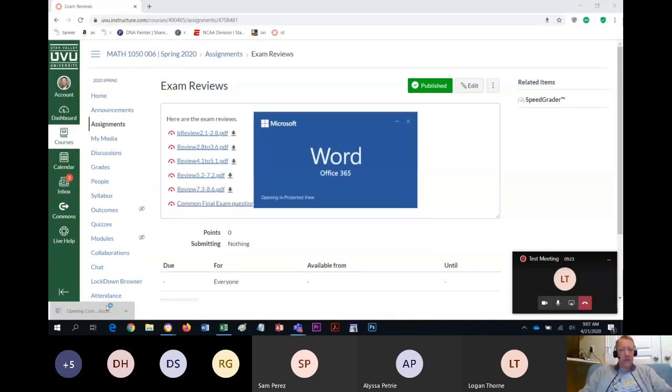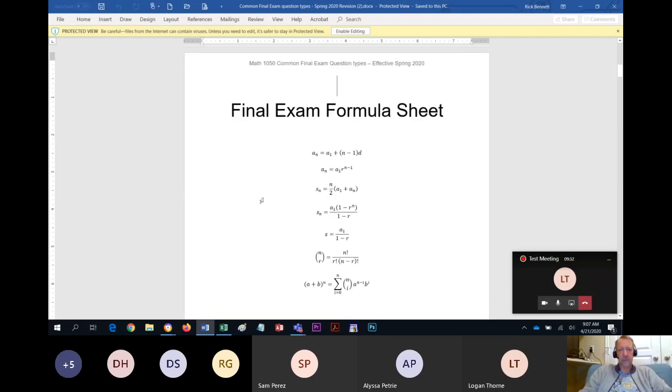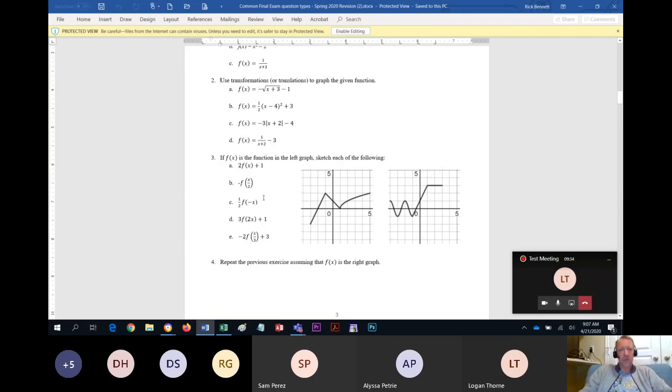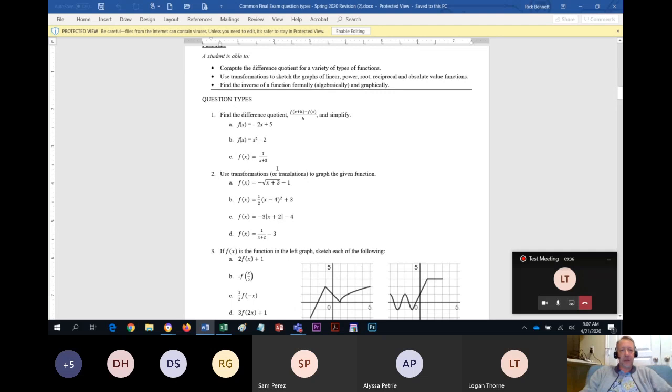Alrighty then. That was one of the first problems, if I remember. Okay, so you want to do C, find the difference quotient.